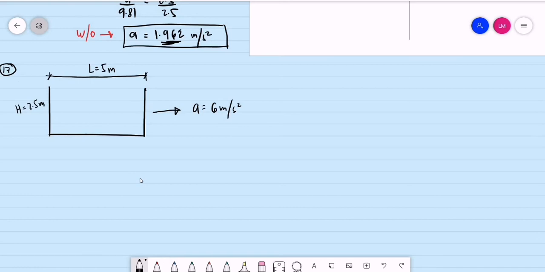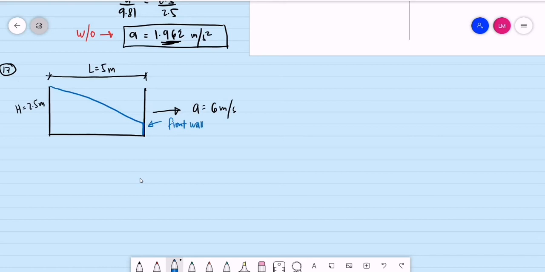What will be the appearance of the liquid surface inside the tank? There will be two assumptions. The first assumption is that the front edge of the liquid surface will still be in touch with the front wall of the tank.